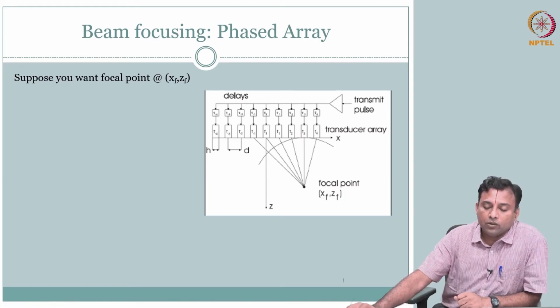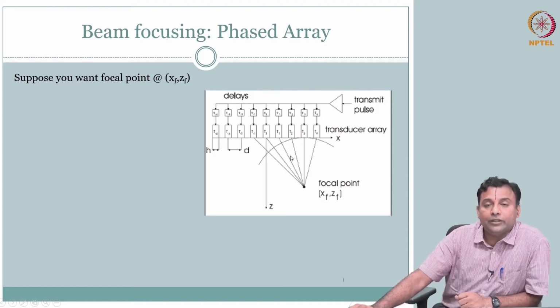Same logic: you have different crystals, each one has its own time delay that you can control when you excite them. So, now the calculation has to be again what is the extra path length that each one has to travel. Clearly, to arrive at this point, the closest needs to travel the shortest, and the farthest needs to travel the largest distance.